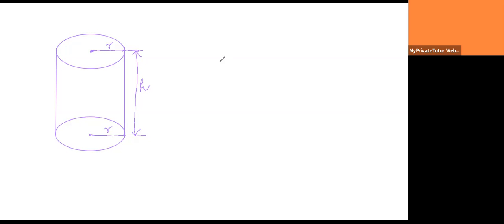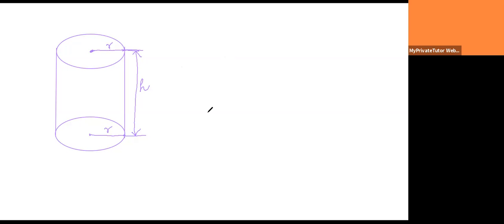So find the area of the bases, which is the top one and the bottom one, circles first, then find the area of the front one, which looks like a rectangle, isn't it? And then add it together. We'll get the answer.